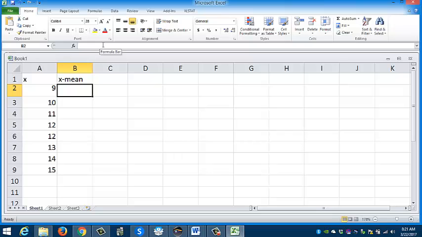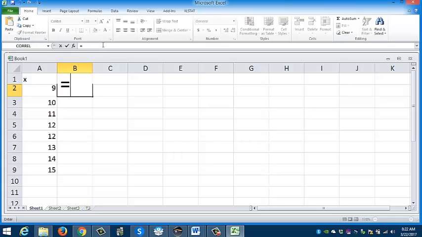So what I wanted to show you is how Excel can be used, and some of you have used spreadsheets for years, but some of you haven't. And so I'm just going to show you that if you ever want to type a formula into Excel, or actually do any mathematics, you start off by typing an equal sign. So I'm in the square next to the 9, and I type an equal sign.